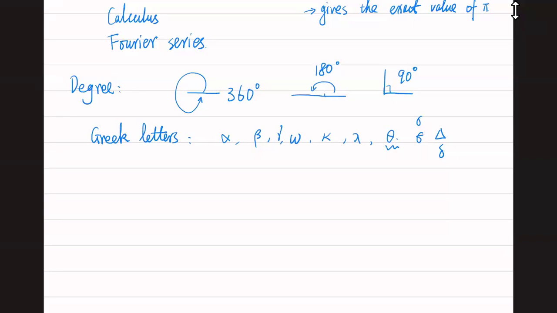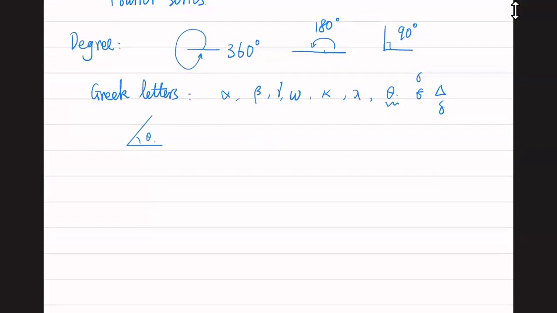Okay, so this represents an angle. Now, if an angle is between 0 and the right angle, we call it acute. This is an acute angle. And between, obtuse.